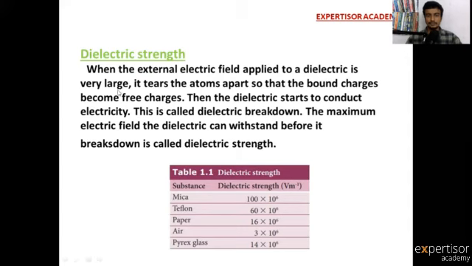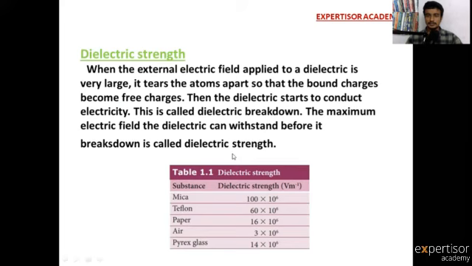The charges bound to the atoms are separated, and then the dielectric starts to conduct electricity. This is called dielectric breakdown. The maximum electric field the dielectric can withstand before breakdown is called dielectric strength.